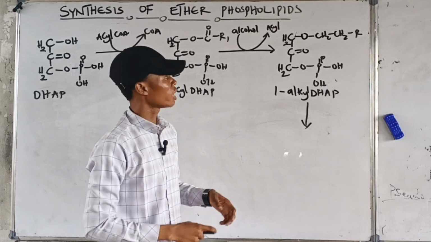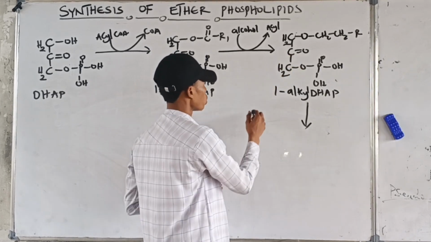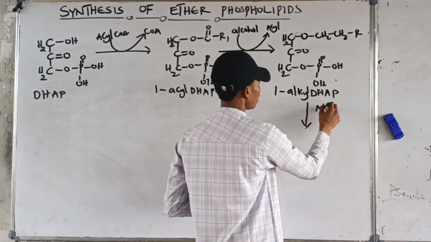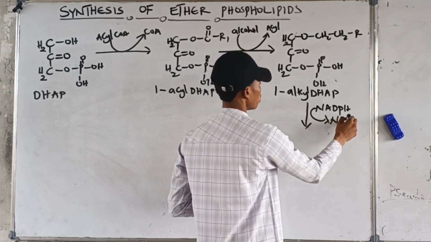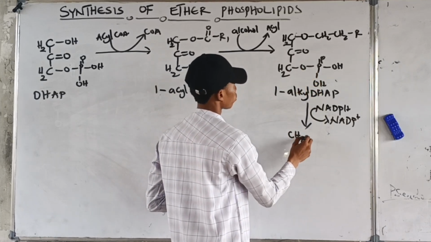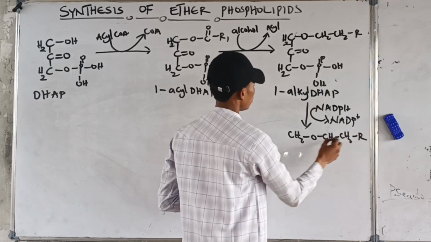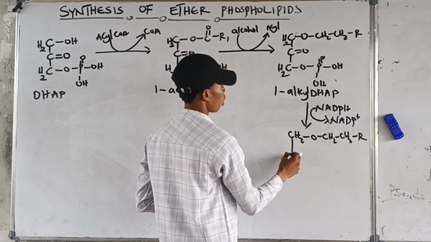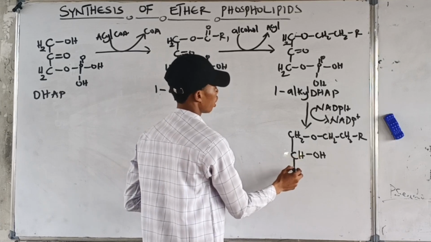Now, if you look at this, position 2, we're having a ketone functional group. So we have to reduce it. So reduction, NADPH comes in and reduces it. So we'll now have this. Please follow the steps. So if I'm reducing this now, I will now have an alcohol there.